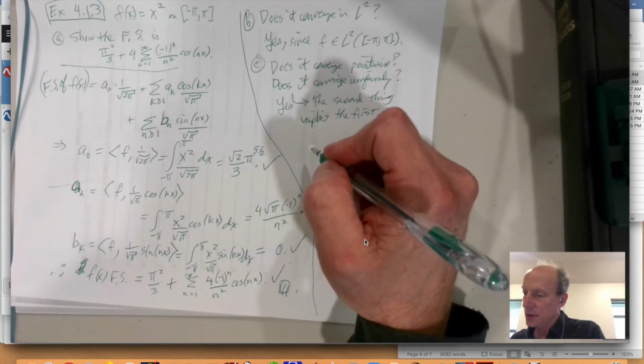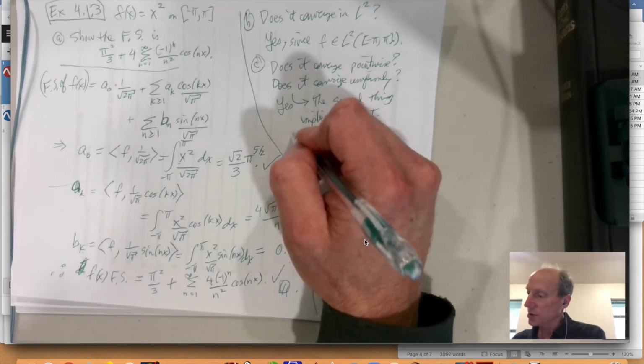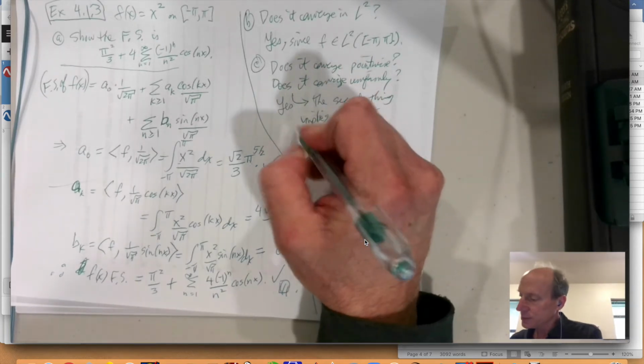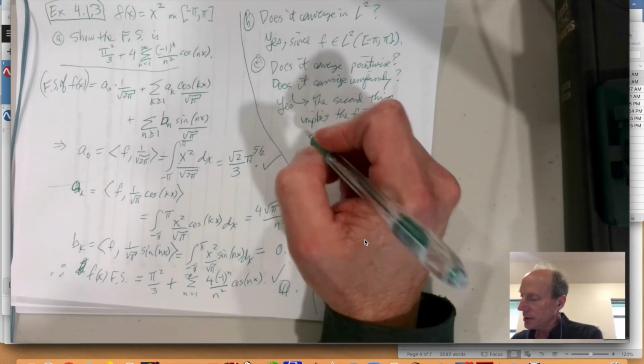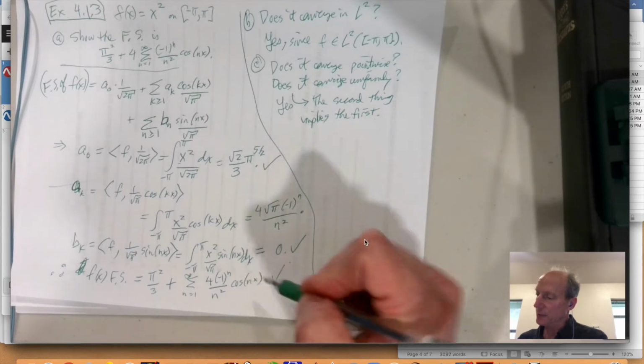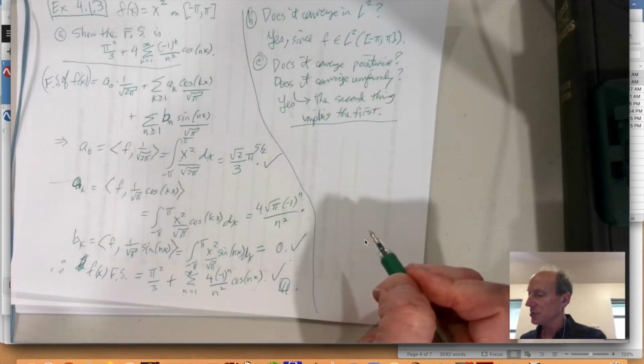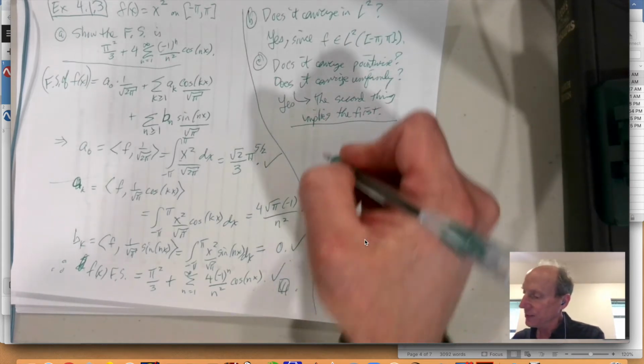And let's see. How can we actually see that? Well, look at the nth partial sum and the difference between the infinite sum and the nth sum, because that would tell us whether it converges uniformly.